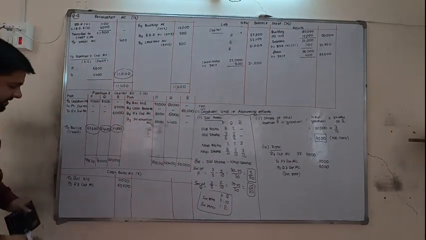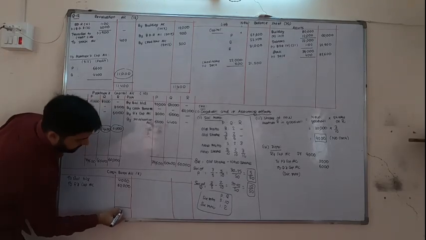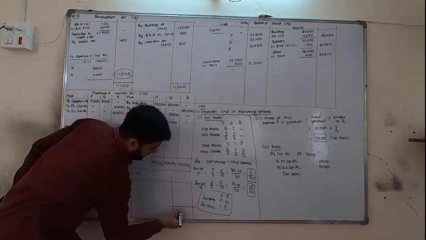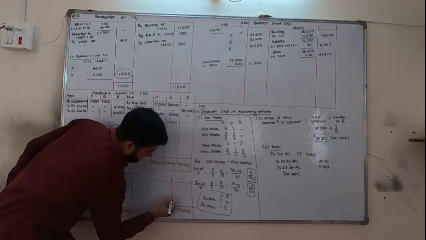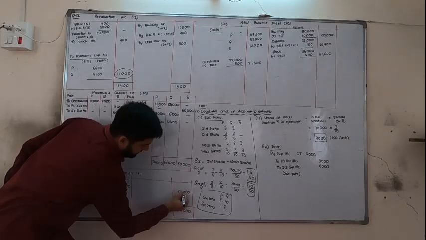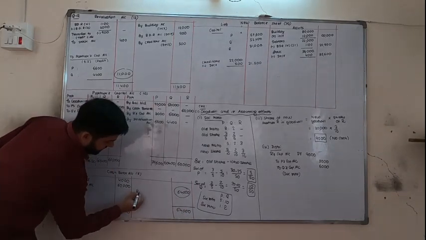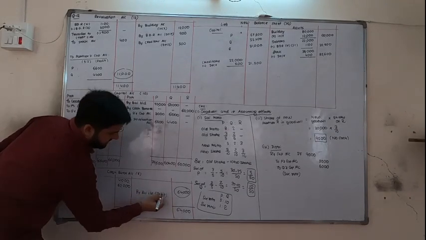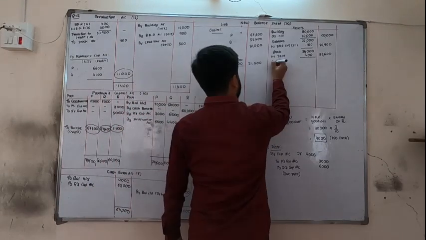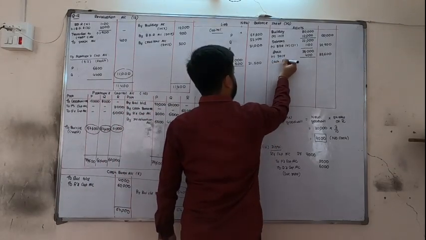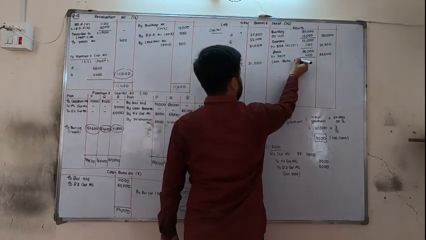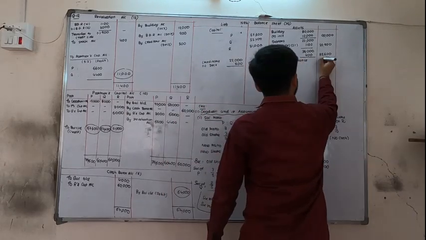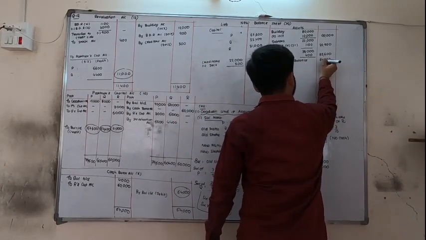Then here it will be 64,000. Balance will also be 64,000. By balance carried down, debit balance and debit balance on the asset side, cash bank balance 64,000.